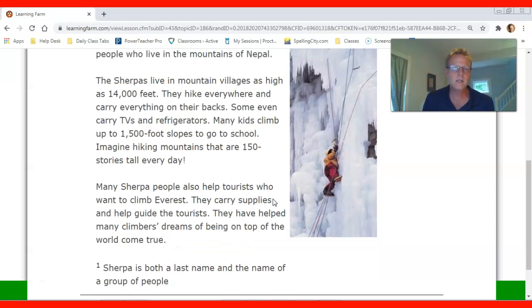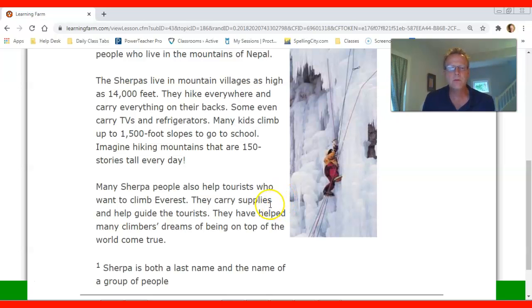Many kids climb up 1,500-foot slopes to go to school. Imagine hiking mountains that are 150 stories tall every day. Many Sherpa people also help tourists who want to climb Everest. They carry supplies and help guide the tourists.